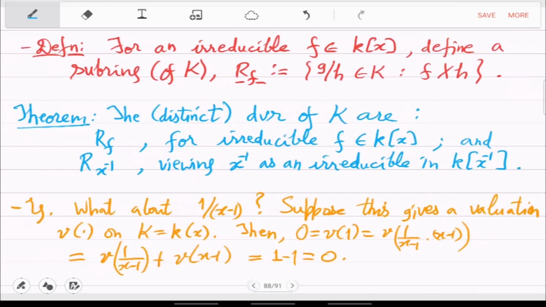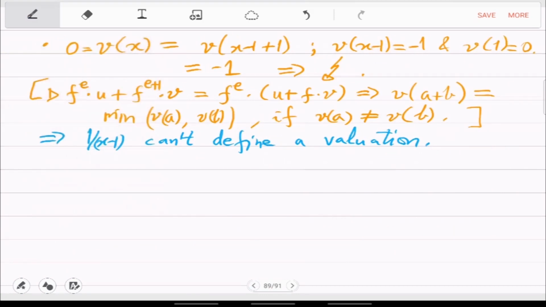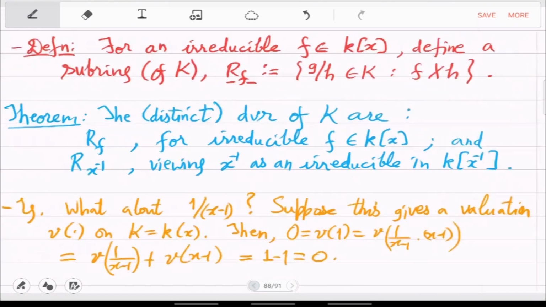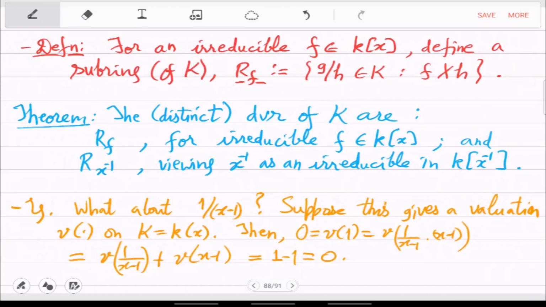So I think you are now ready to see the proof. The key property there was basically that there is always some f such that every valuation can be written in the form f raised to e times a unit. That's why this happened. You always had a valuation in that form, if there is some element f such that f raised to e. That's the main idea. You have to pick the uniformizer of the unique maximal ideal.